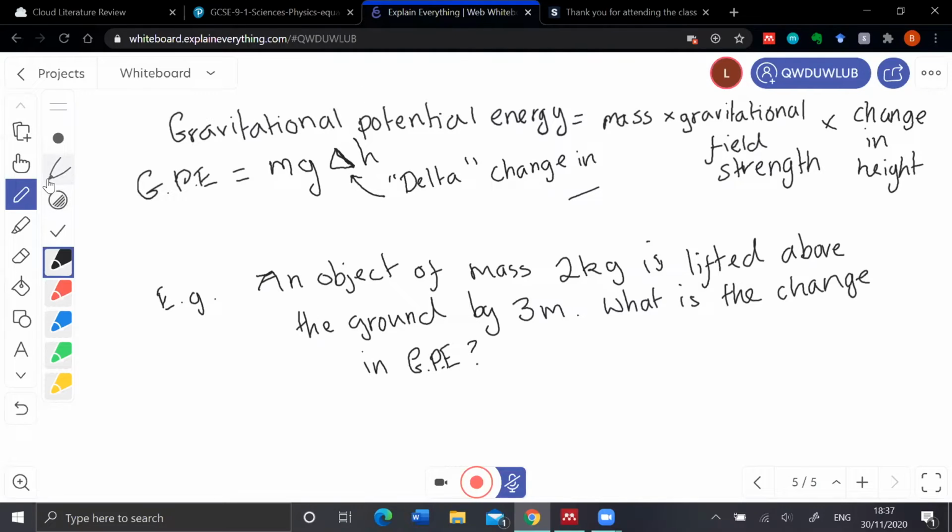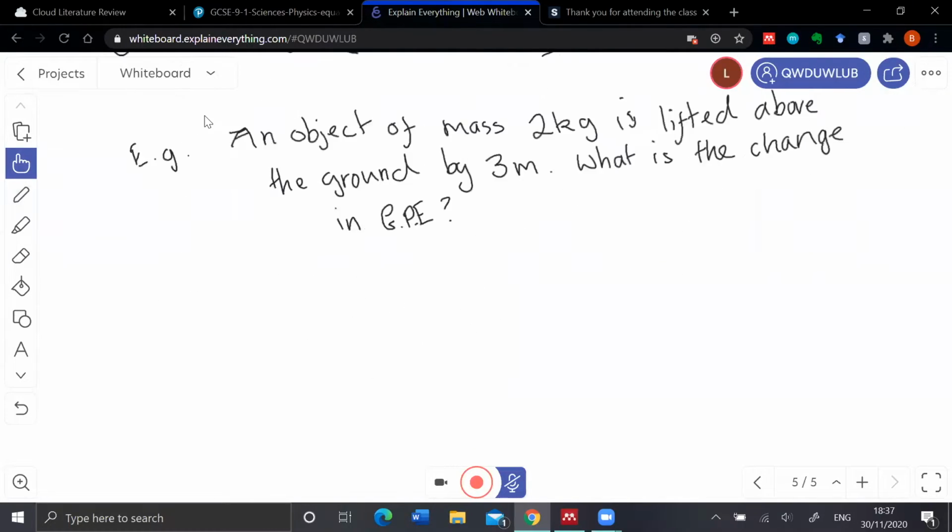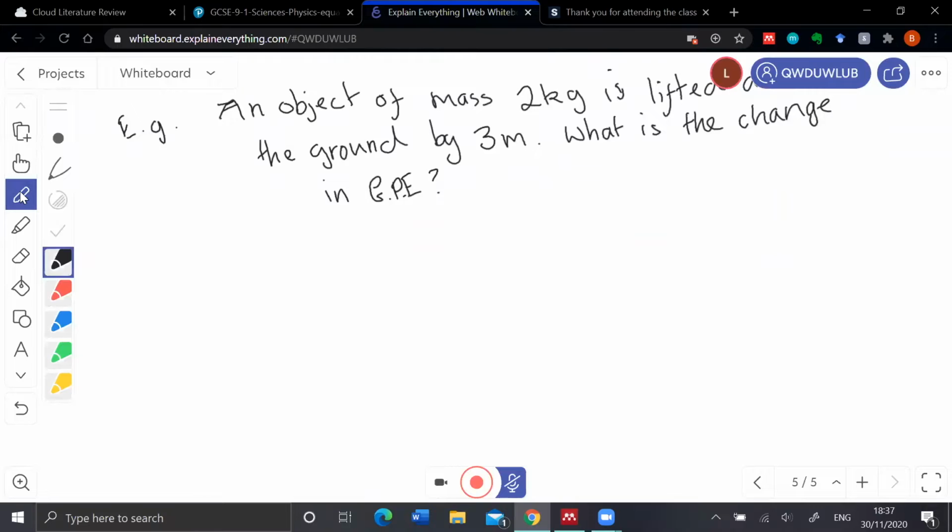Let's move this down. So just putting numbers in at the moment. So GPE equals mg delta h.